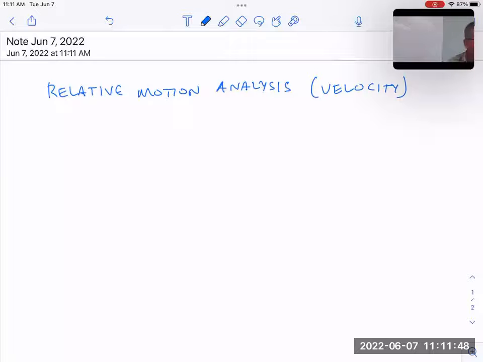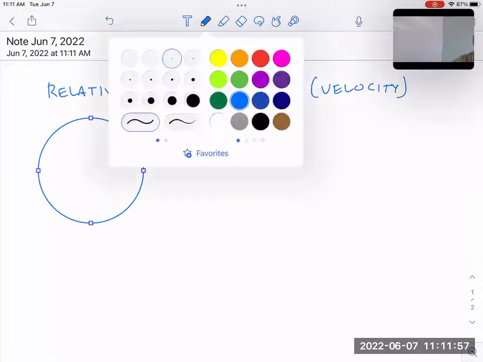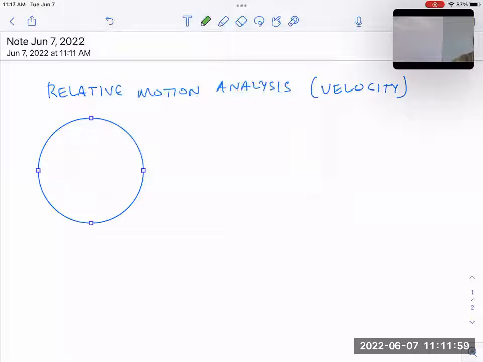And so let's consider this. Pretty good circle. I like it. Okay, so I got this point over here that I'm going to call A. And we're going to think of this as the driver this time, because this is more like the piston of a car, and I think it'll make more sense to you.